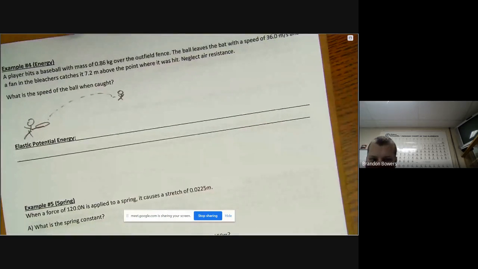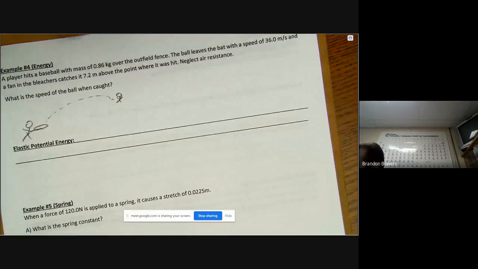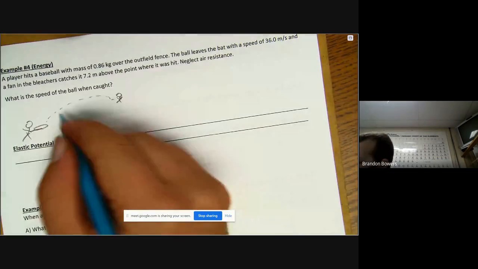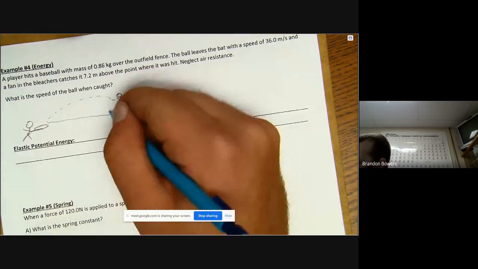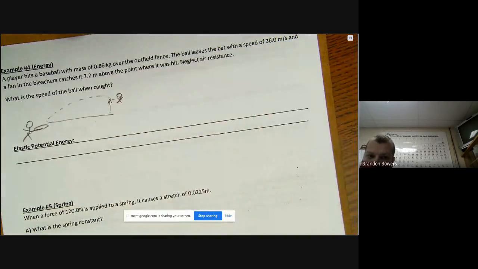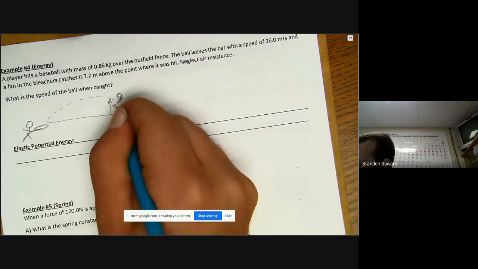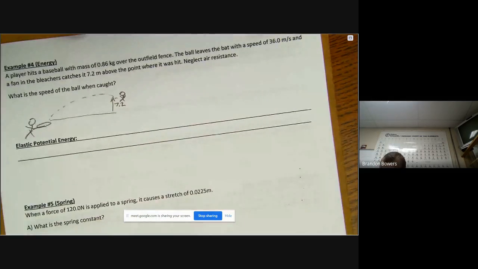The information we know is that it left the bat at 36 meters per second, and we know that this guy caught it 7.2 meters above where it was hit.